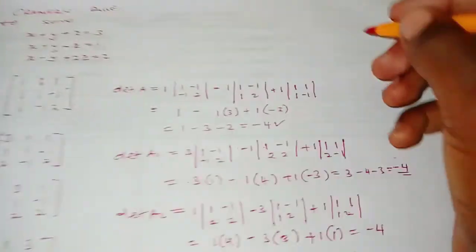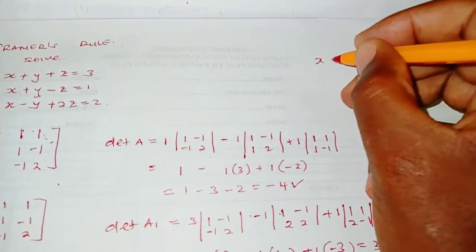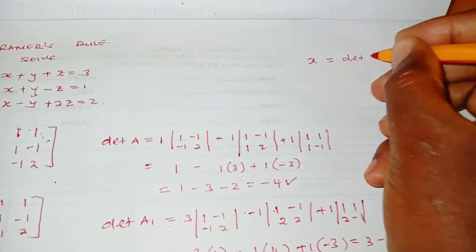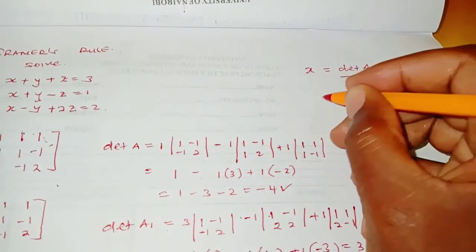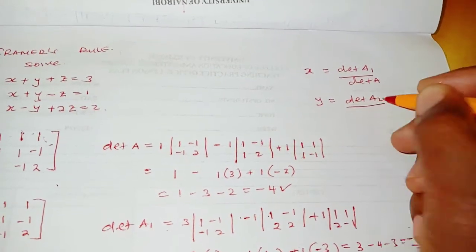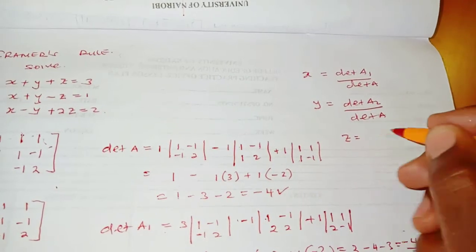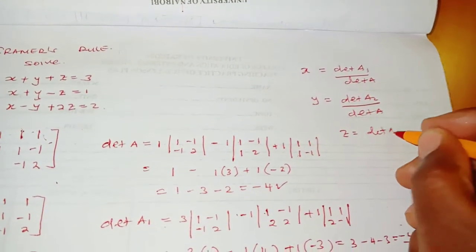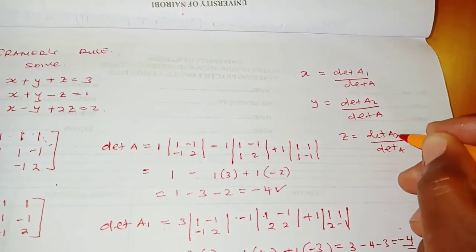Good. So now to solve for x, we need to take the determinant of A sub 1 over the determinant of A. To get y, we take the determinant of A sub 2 divided by the determinant of A, and to get z, we take the determinant of A sub 3 divided by the determinant of A, right?